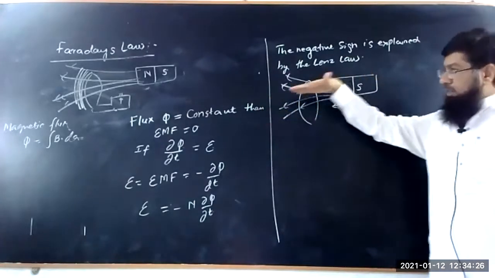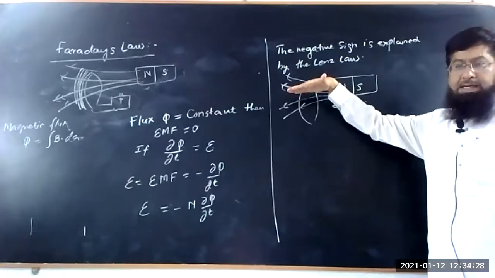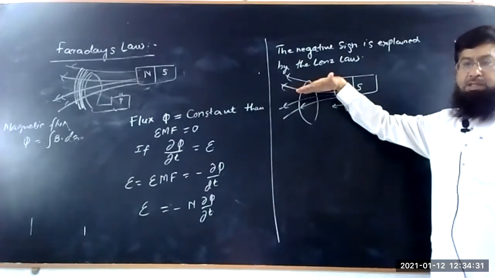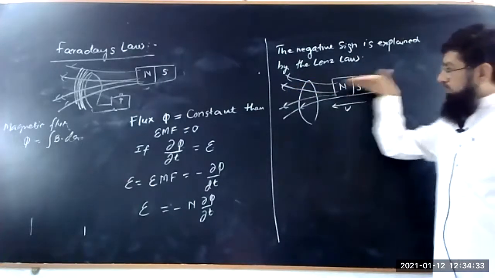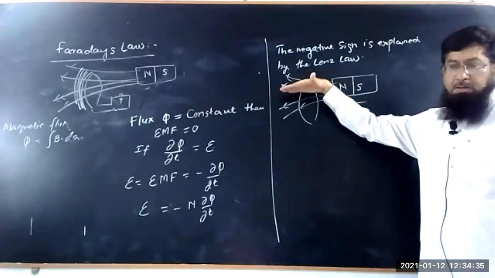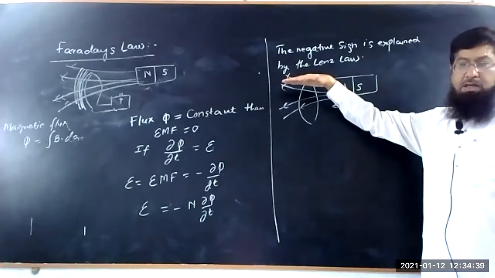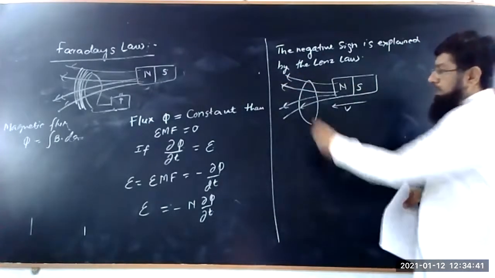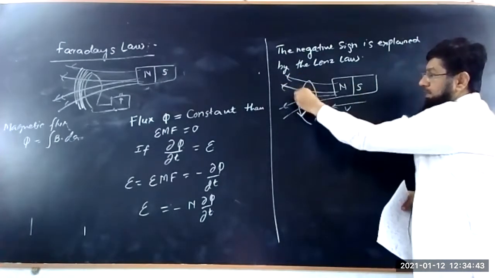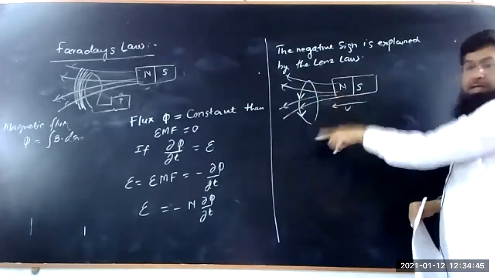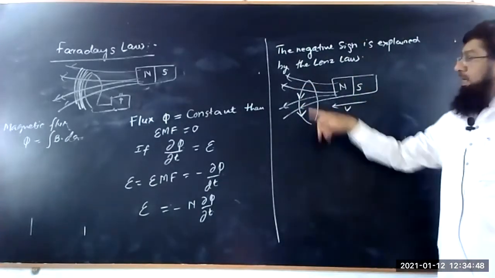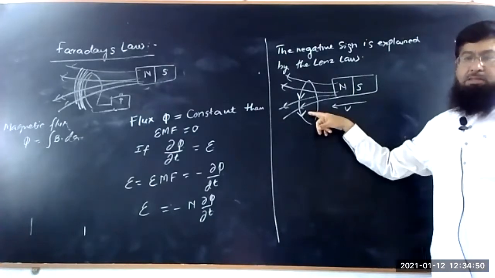The direction of the right hand indicates the direction of the rate of change of magnetic flux, so flux is changing in this direction. Clear? And this thumb indicates the direction of the current. So in this coil, the induced current is this. The current moving in this coil is counterclockwise, the anti-clockwise current.